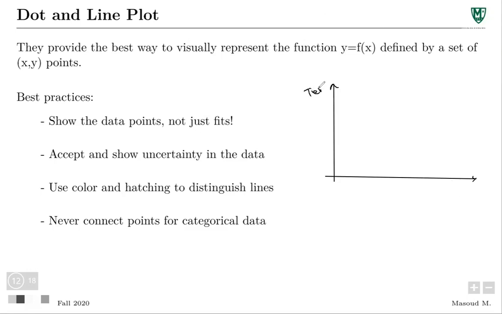So temperature and days. And you show the value by one number. This is, for instance, Monday, Tuesday, Wednesday, Thursday, one number that you found as the average for the day.